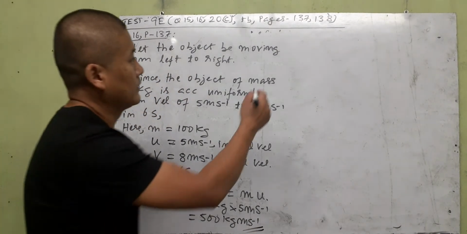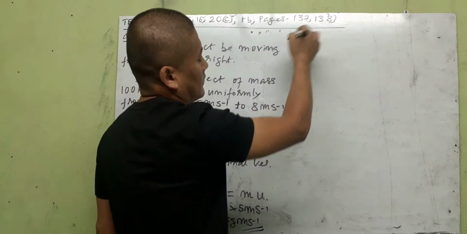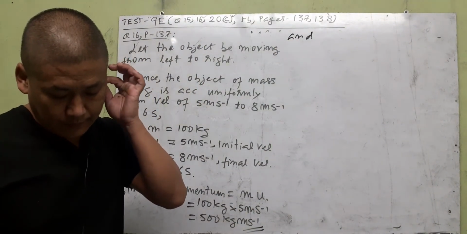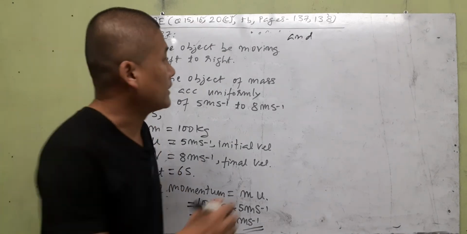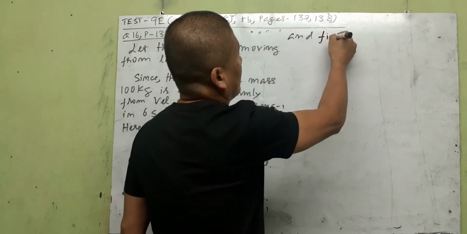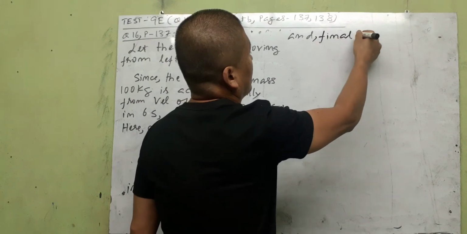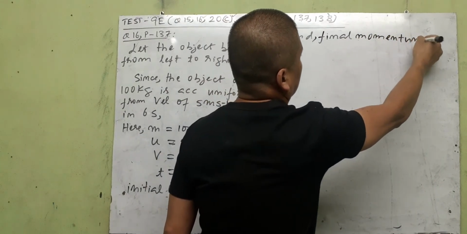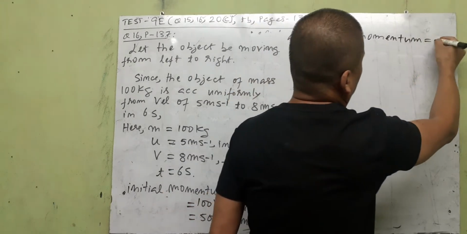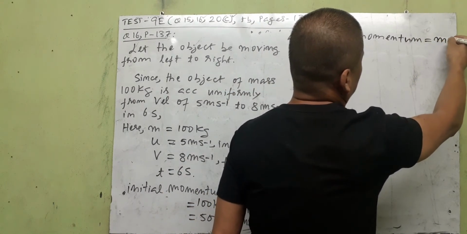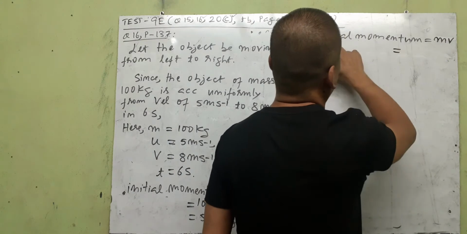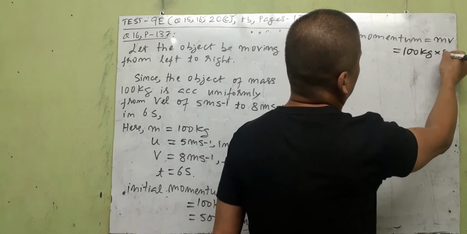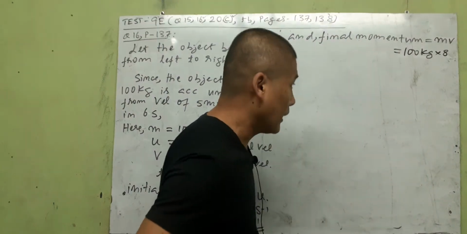Then the second answer is, they're also asking final momentum. So calculate the initial and final momentum. Final momentum is the mass of the same object into its final velocity, because the final mass is 100 kg and the final velocity is 8 meters per second.